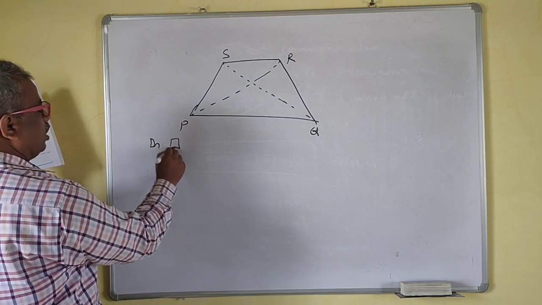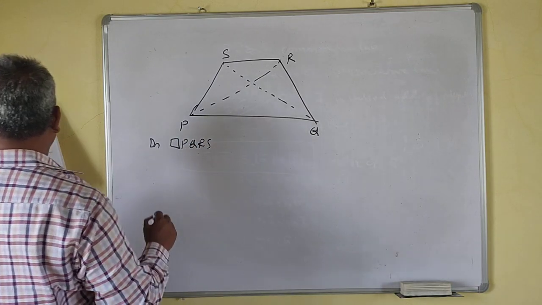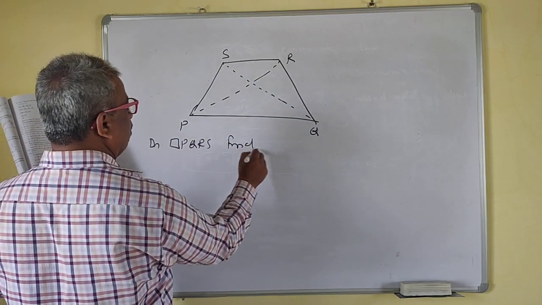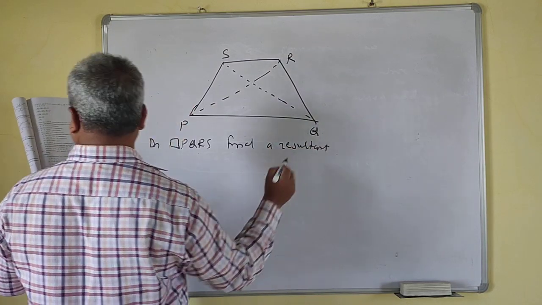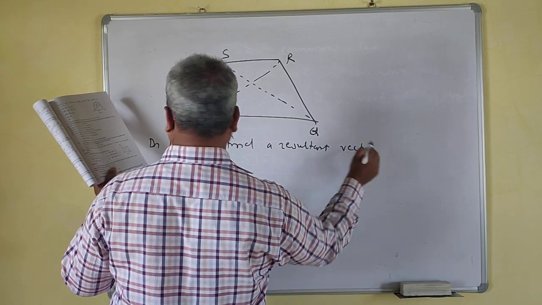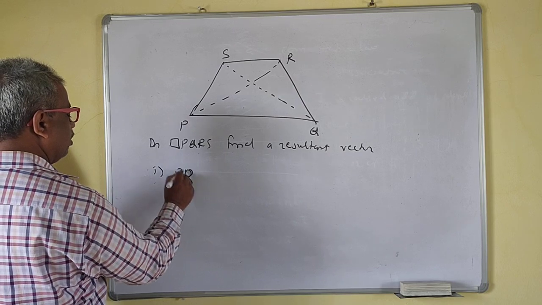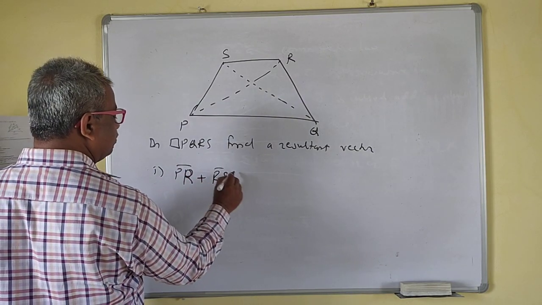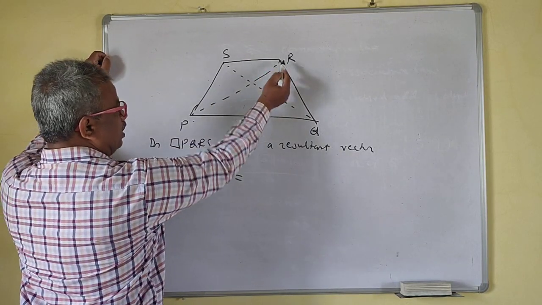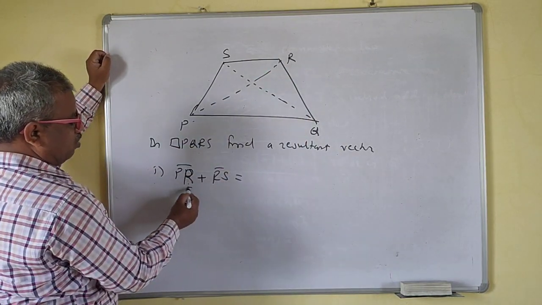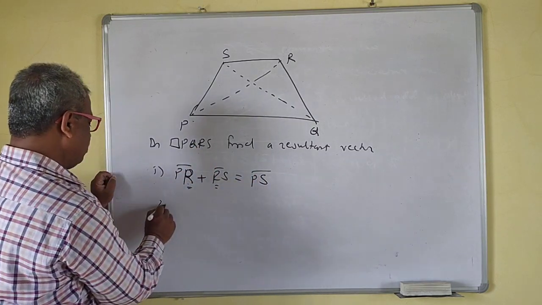In quadrilateral PQRS, find the resultant vector. 1: PR bar plus RS bar. So see, you don't need to see the figure actually, this is PS bar, okay.